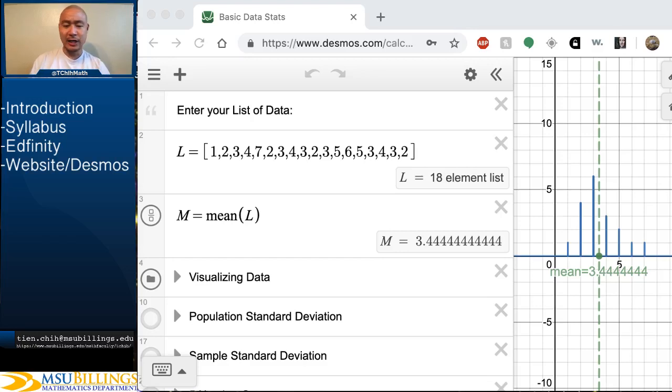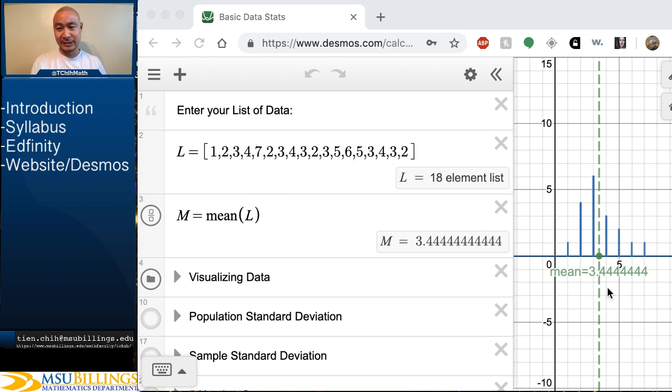Hi, so I'm going to talk a little bit about the basic data computations that we do with a data set in this class. Here we have a list of data, just a bunch of points, independent of some context. There's a bunch of values between 1 and 7.